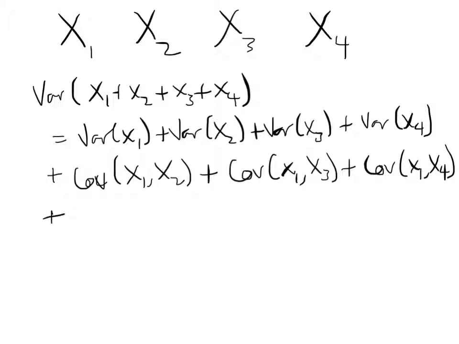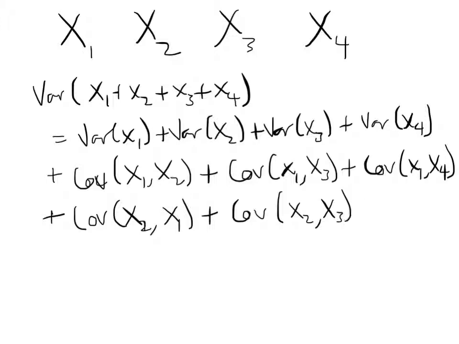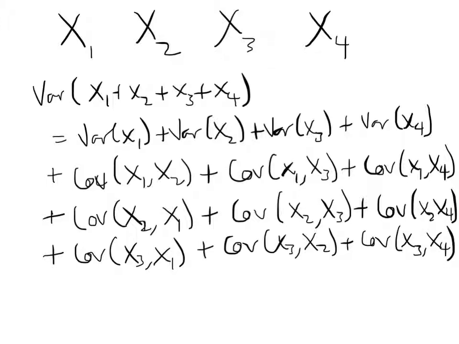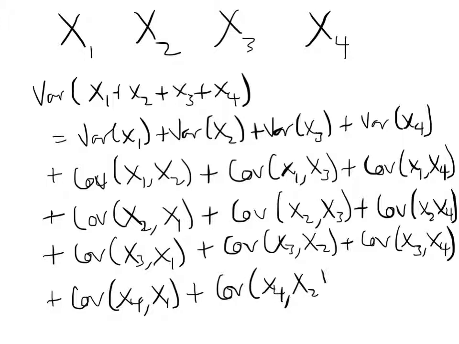Now, starting with x2, cov(x2, x1) plus cov(x2, x3) plus cov(x2, x4) plus cov(x3, x1) plus cov(x3, x2) plus cov(x3, x4) plus cov(x4, x1) plus cov(x4, x2) plus cov(x4, x3).